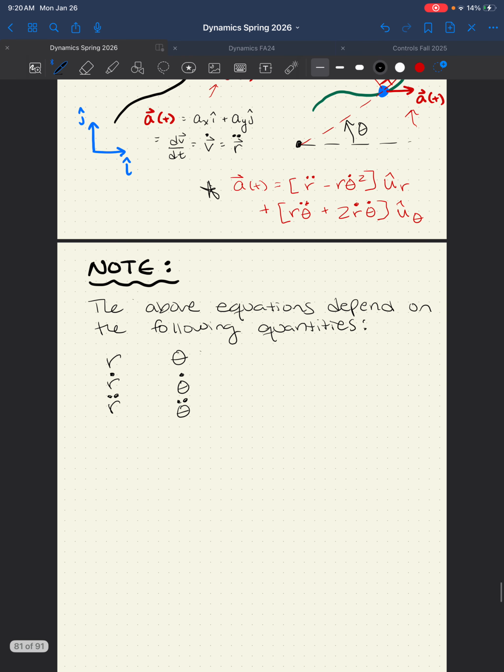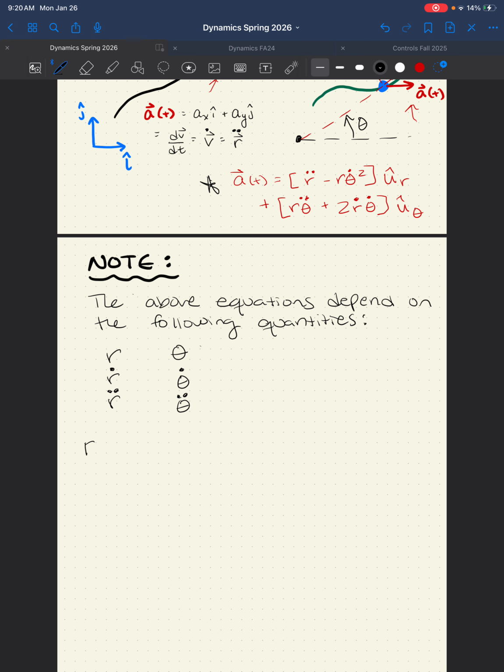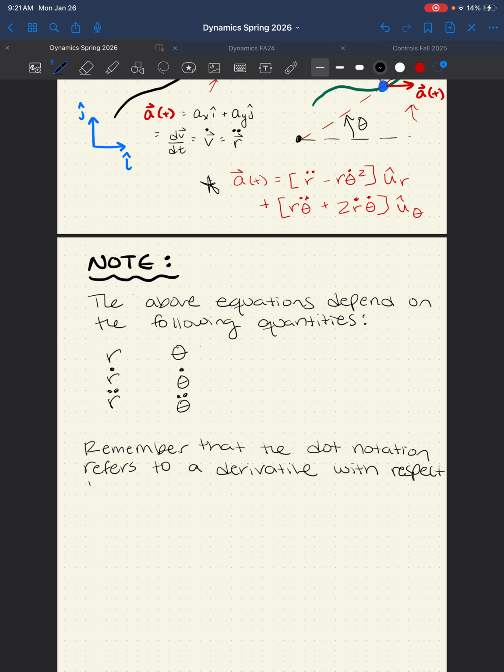And when I say dot, it's important to remember that the dot notation refers to a time derivative, or a derivative with respect to time.